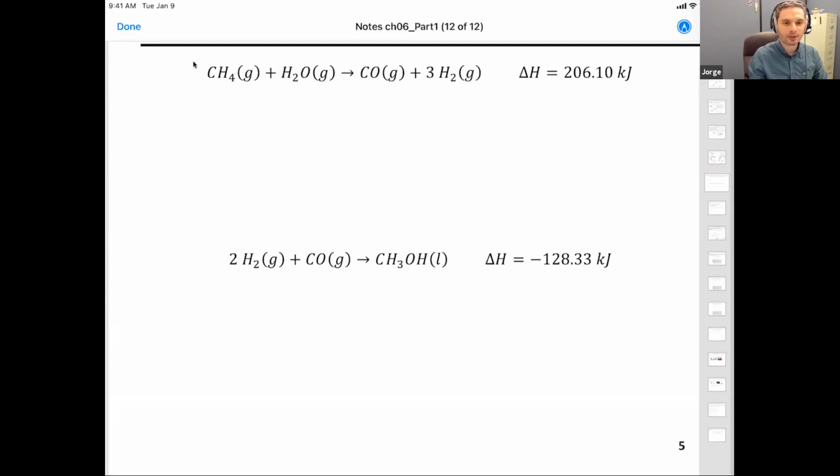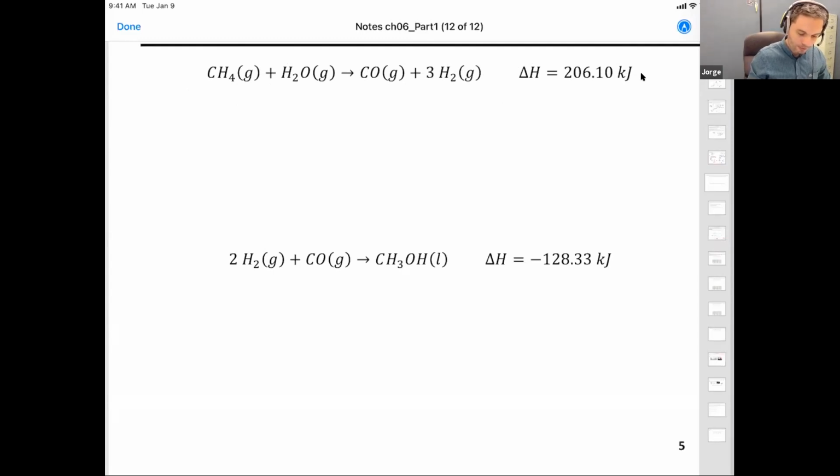Okay? So this is one of the reactions that are used to produce hydrogen. And for this reaction, we know that the delta H is equal to 206.10, and the unit that's being used here is kilojoules. Okay.